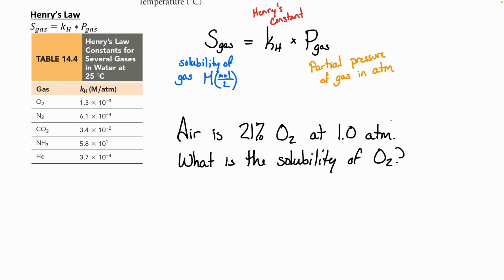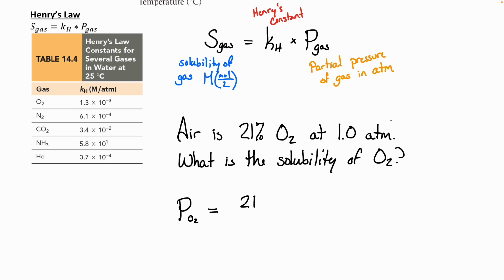Okay, so my partial pressure of O2 would be how many ATM? Cool, yeah, so it's just a simple fraction here. If I'm at 1 ATM and there's 21% oxygen in here, then 21% of 1 ATM is the partial pressure of oxygen in this room.